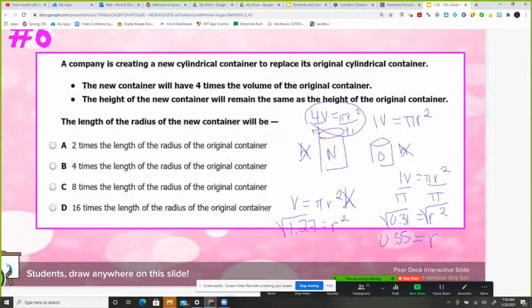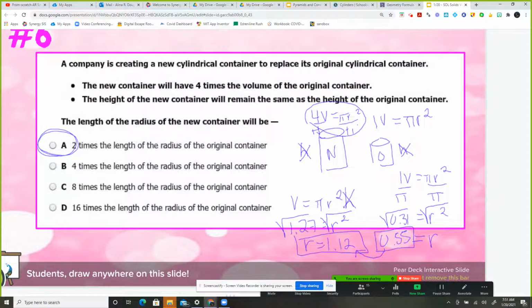So then I'm going to take the square root and the square root, 1.27 square root, r equals 1.12. How are these two numbers related? Is it 2 times, 4 times, 8 times, or 16 times? How many 0.5s go into 1.12?